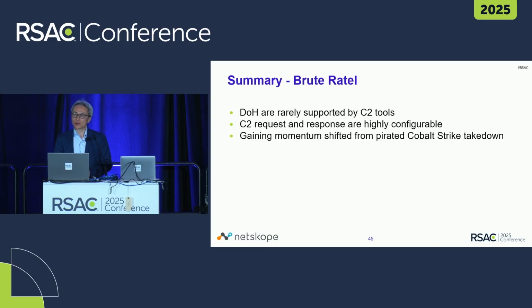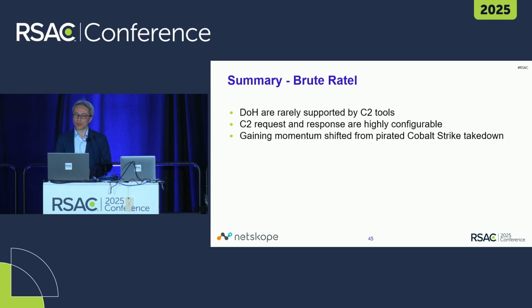For Brute Ratel, DoH, I think it's quite rarely supported as of the writing of these slides. But later on, I discovered that Cobalt Strike also supports DoH in early March, I think. And like Cobalt Strike, Brute Ratel also supports a highly configurable C2 profile. We call it the malleable C2.